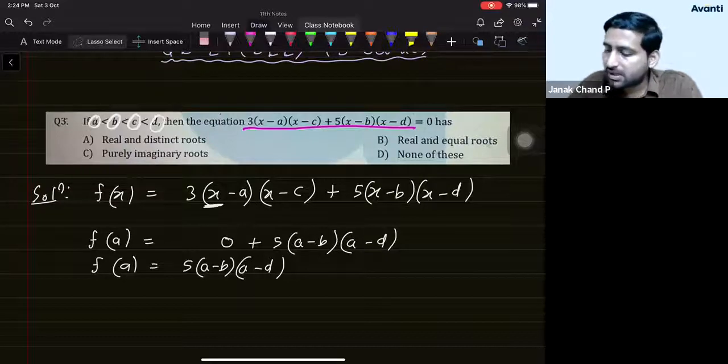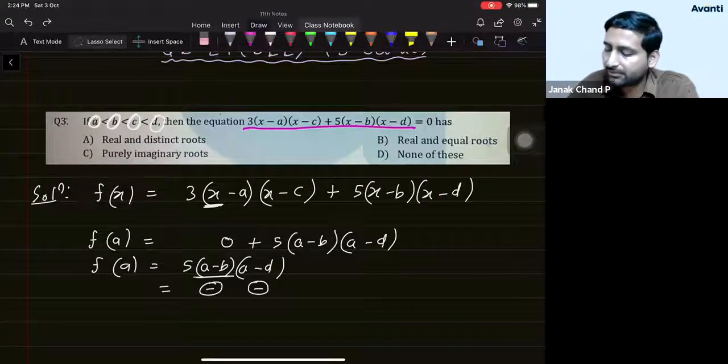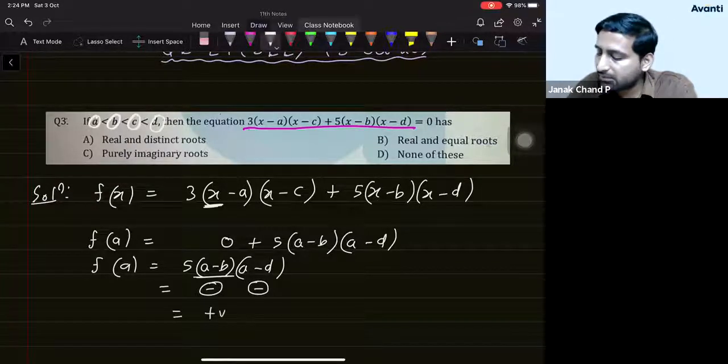So what about the first factor here? This will be a negative quantity and this will also be a negative quantity. Why? Because B is bigger and A is smaller. Since A is smaller, smaller minus bigger is negative. Negative into negative, students, is positive. So we got the information that it is positive.